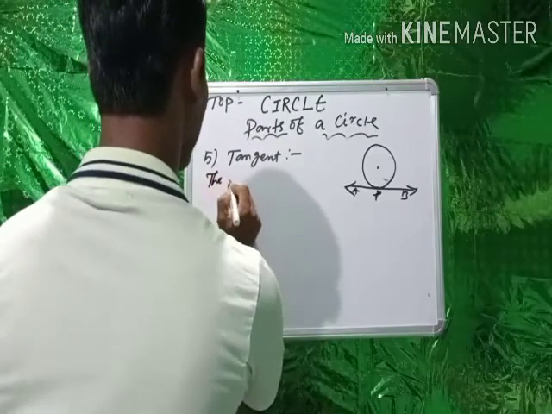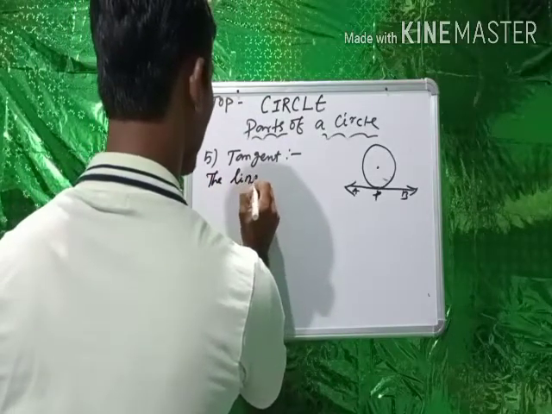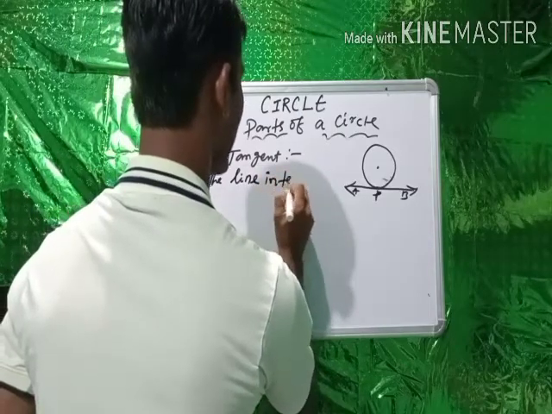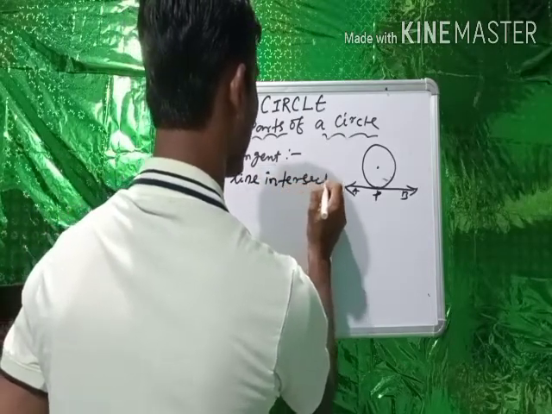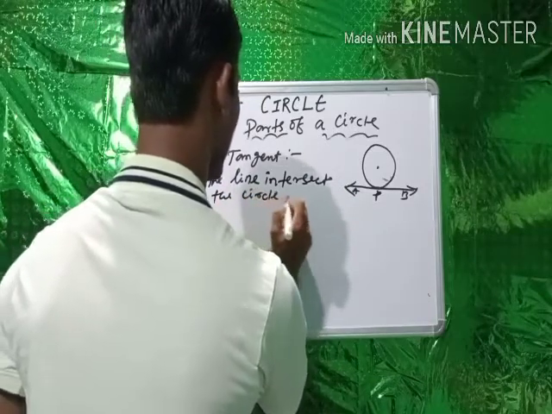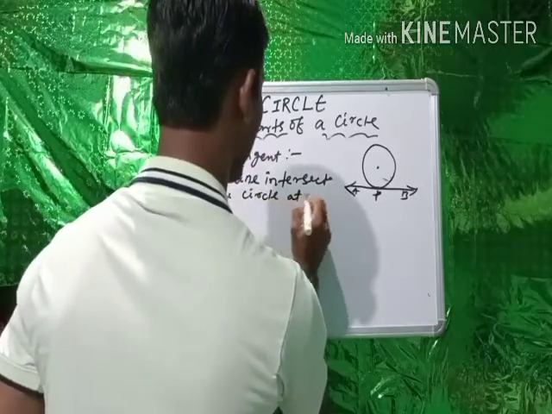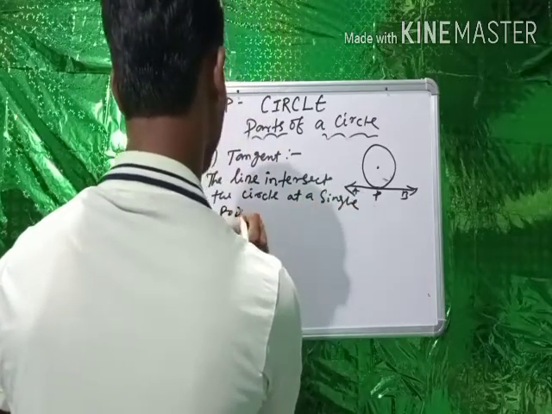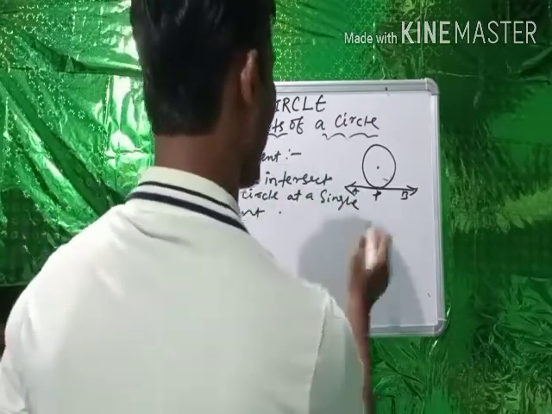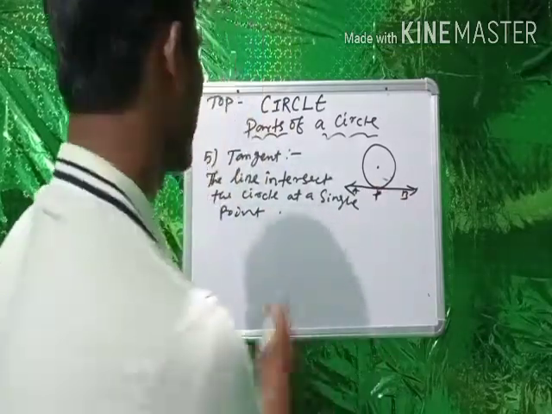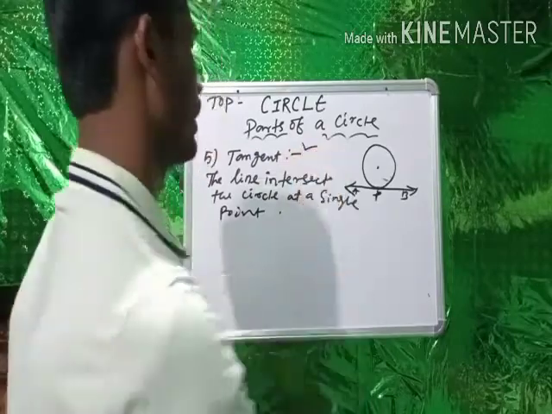The line intersects the circle at a single point. Just look, AB is the line that passes through the point P, that is called a tangent.